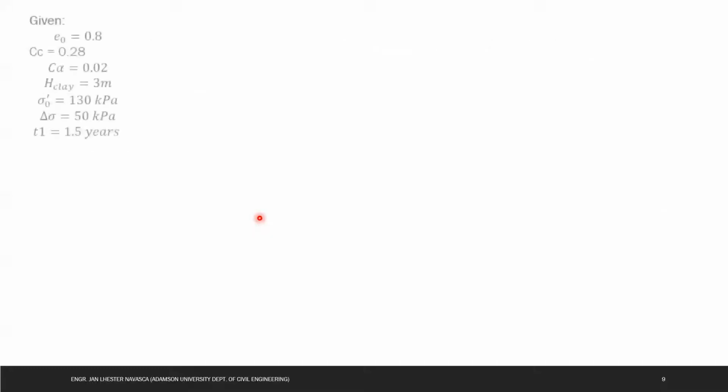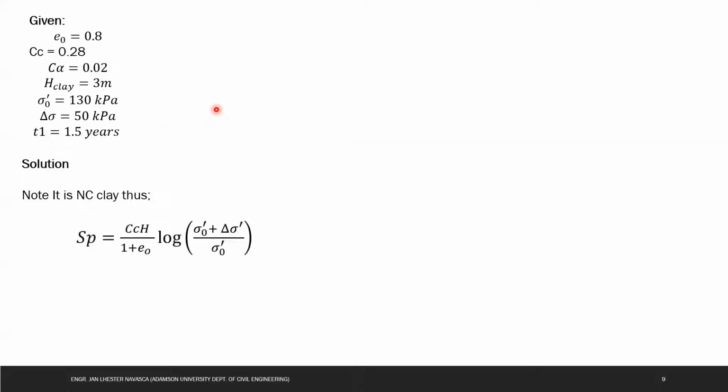Okay, so given all the data, T sub 1, the time to complete the primary consolidation settlement, is 1.5 years. Note that the soil is normally consolidated.